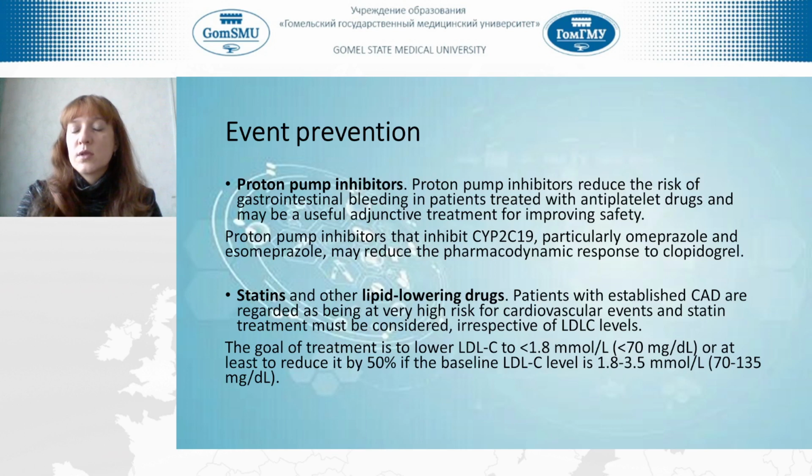Patients with established coronary disease are regarded as being at very high risk of cardiovascular events, and statin treatment must be considered. Level of low-density cholesterol. The goal of treatment is a low-density cholesterol level less than 1.8, or a reduction by 50% of baseline low-density cholesterol if it is from 1.8 to 3.5.